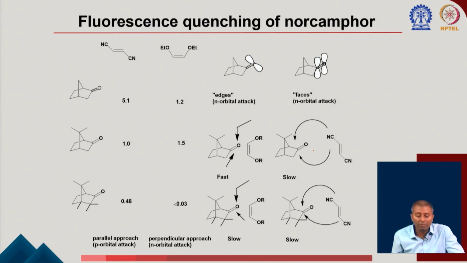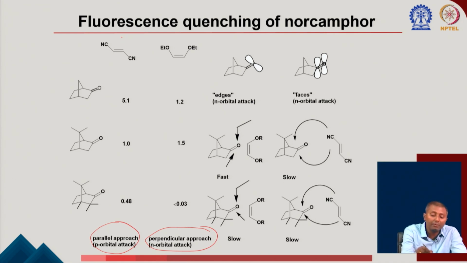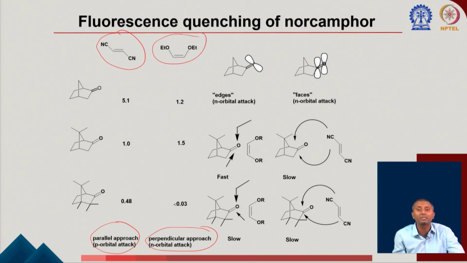Now there is an important concept we just learned about, the perpendicular and the parallel approach. In the parallel approach, they have to approach from the top or the bottom faces, correct, and the perpendicular approach you have seen in the case of the n-pi orbital and the pi interaction. Now if you have a double bond with an electron withdrawing group, two cyano groups versus two OEt groups, that means electron withdrawing versus electron donating, and we are talking about the fluorescence quenching of these starting materials.